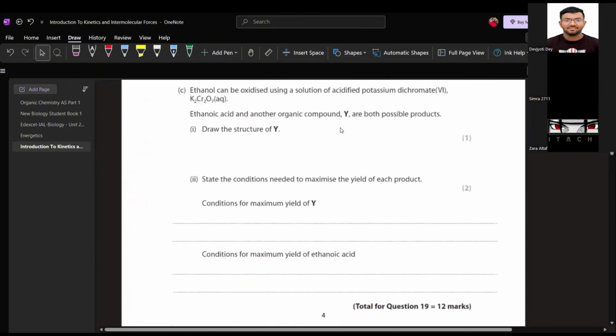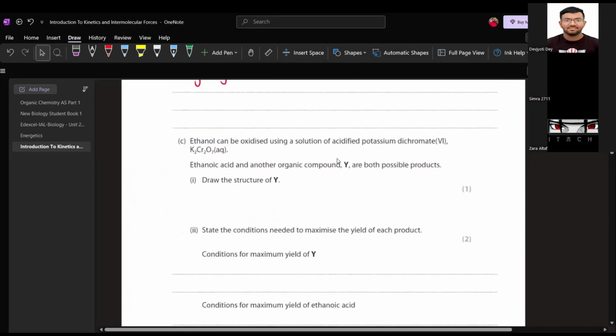Next, ethanol can be oxidized using a solution of acidified potassium dichromate. This is our favorite oxidizing agent you will find everywhere in AS level; we will check it out more broadly in organic chemistry. Ethanoic acid and another organic compound are both possible products.